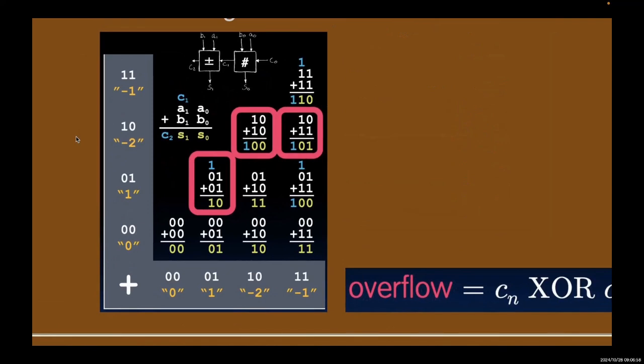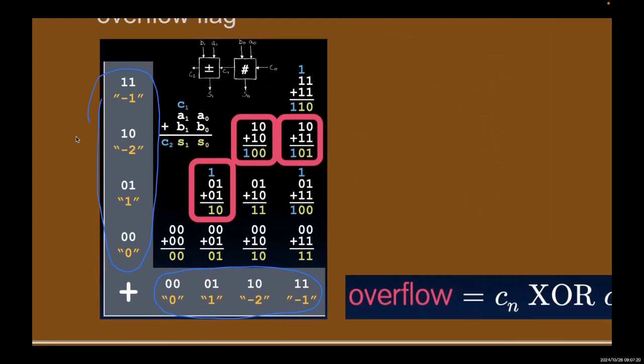So here is the example for a signed 2-bit number. 2-bit is from -2 to 1, which is 4 numbers. And you see it here.